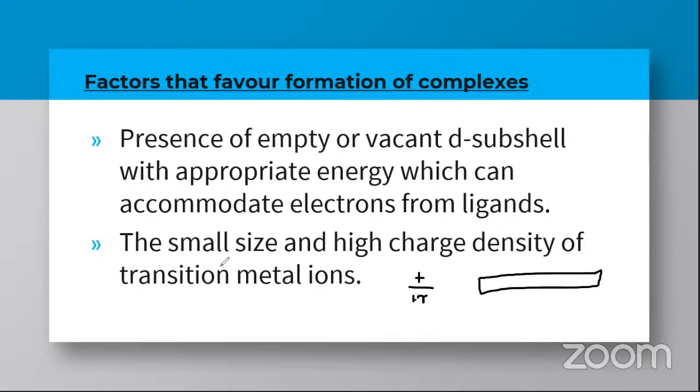The charge increases, then the ionic radius reduces. Take an example. If I have a charge of +4 and an ionic radius of maybe 0.04, if you calculate, you find that the charge density will be high compared to when we have a high charge and a big ionic radius.